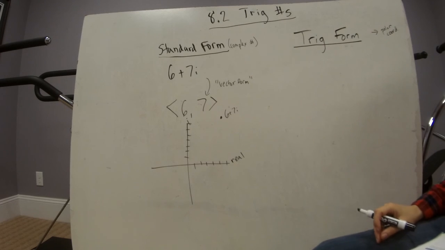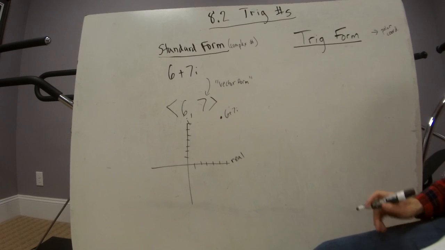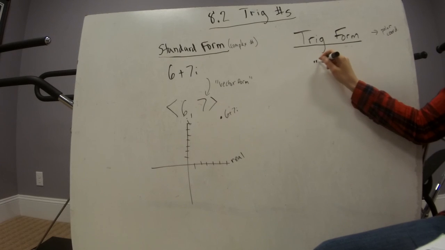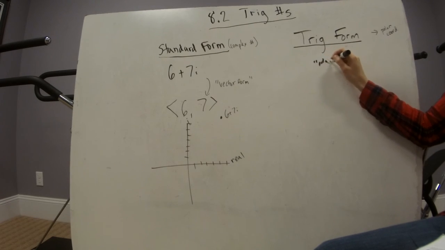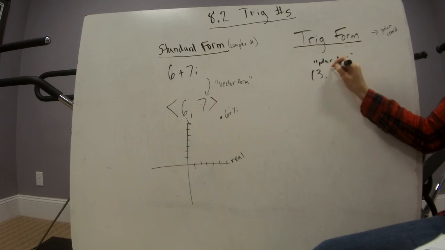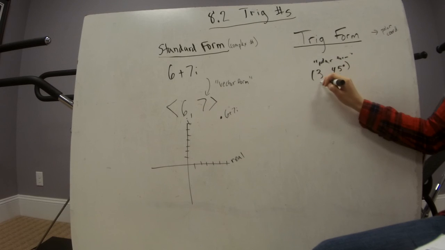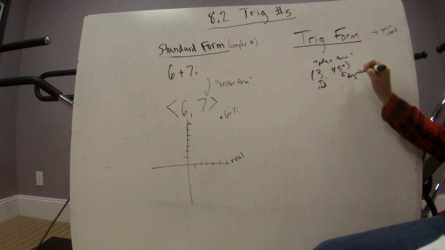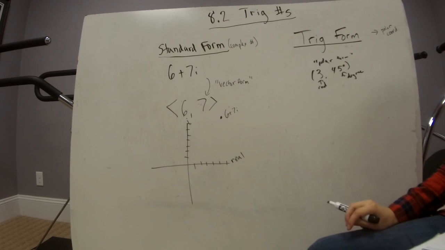So trig form is really like polar form, where you had something like 3, 45 degrees. This would be the radius, and this would be the degree, that it would go out. Really, that's what trig form is.